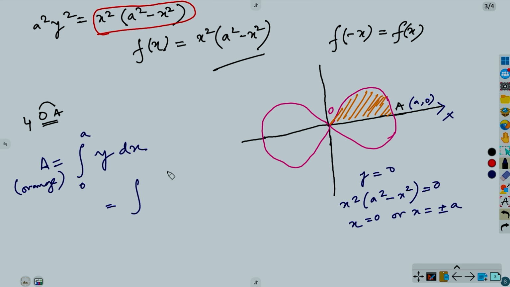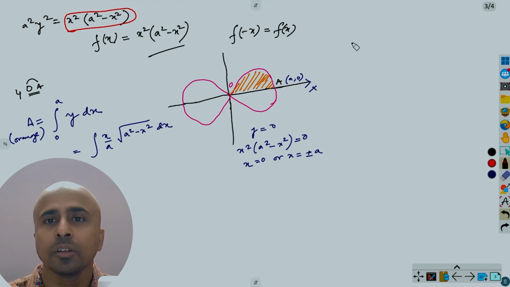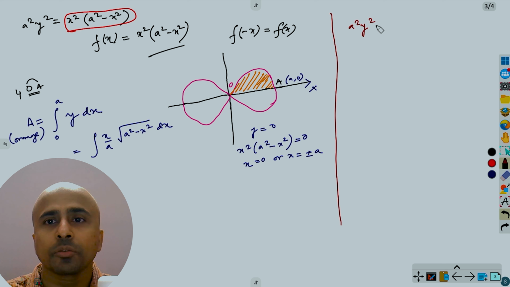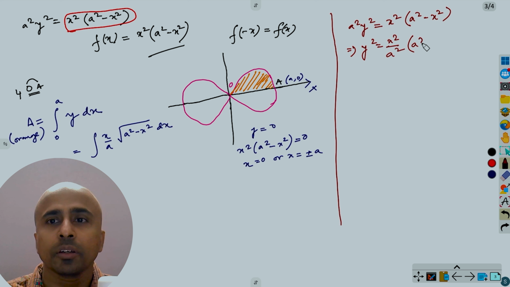Now, what is y? y is (x by a) times the square root of (a squared minus x squared) dx. Did you understand what I did here? We are given a squared y squared equals x squared times (a squared minus x squared). This implies y squared equals x squared by a squared times (a squared minus x squared).